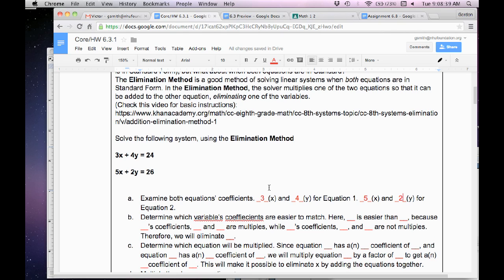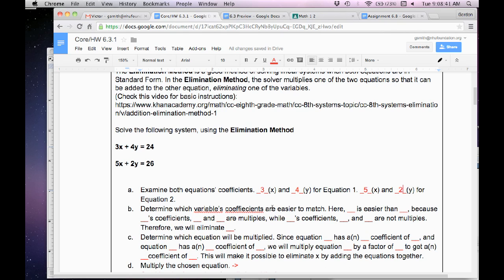Okay, B, determine which variable's coefficients are easier to match. Is it easier to match a 3 to a 5 or a 4 to a 2? I'll say a 4 to a 2 because I can turn that 2 into a 4 by multiplying by 2. But 3 and 5 don't have any common factors.